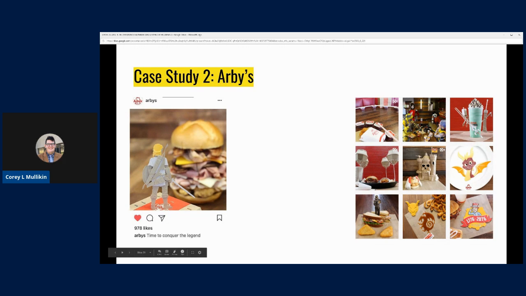But here's the thing. It's very subtle, because all of this content is stuff that people find interesting. It's art. It's unique. And it's something that they're more likely to share with their friends.